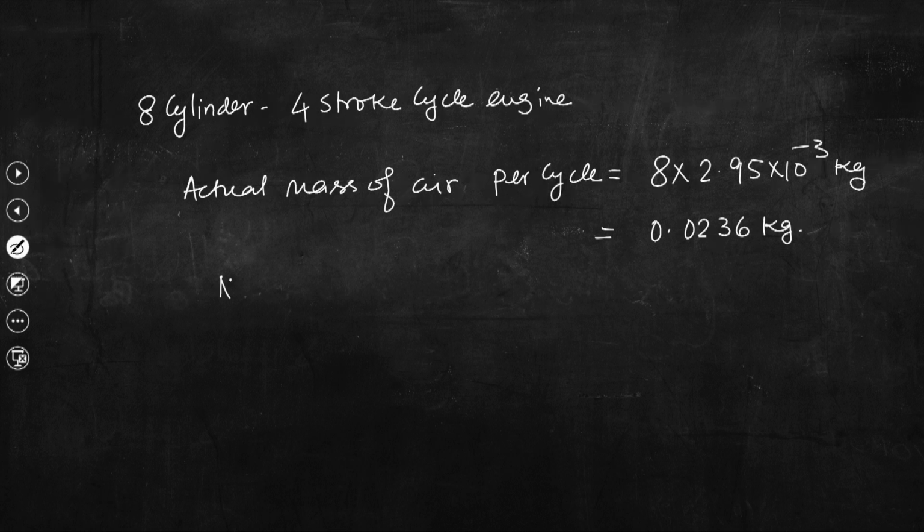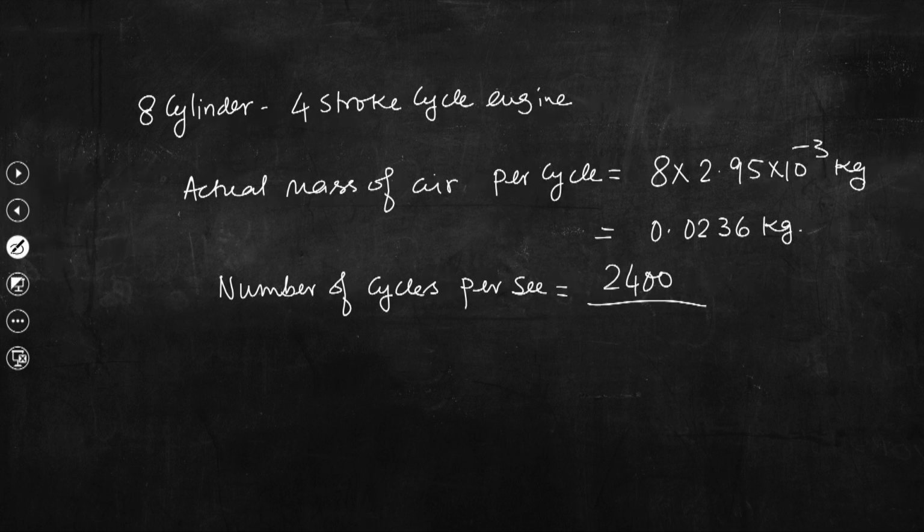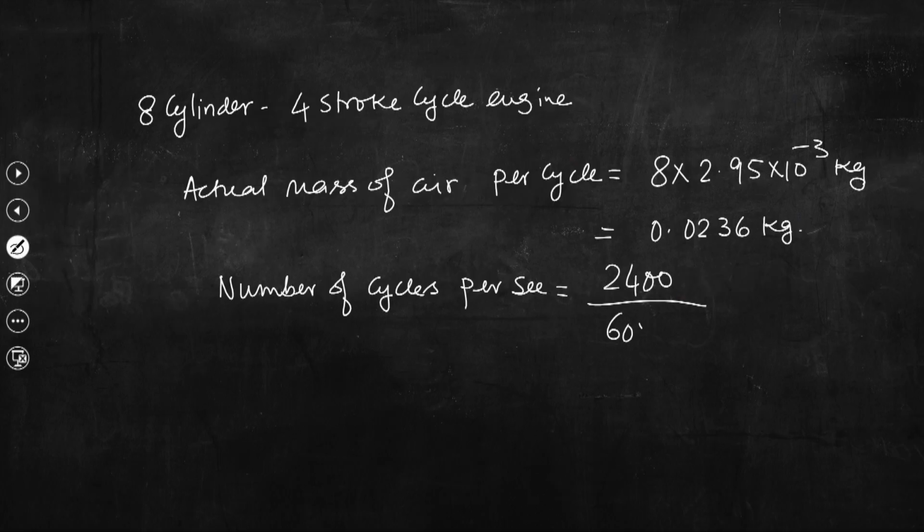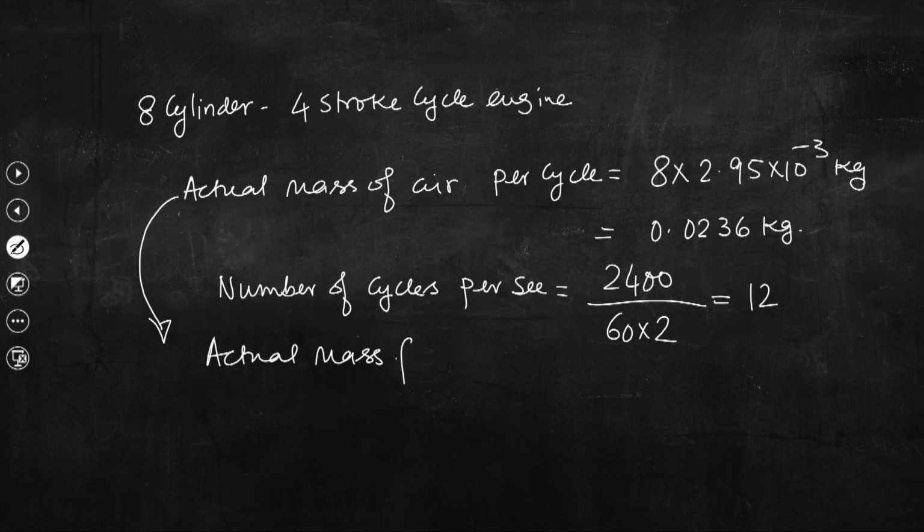Now, number of cycles per second. We know the RPM, that is 2400. A 4 stroke cycle engine means there are 2 revolutions in one cycle. So, this is revolutions per second, that is RPS, divided by 2 revolutions. So, this is coming as 20, not 12 rather, because this is 20. Then we can calculate the actual mass flow rate of air through the engine.